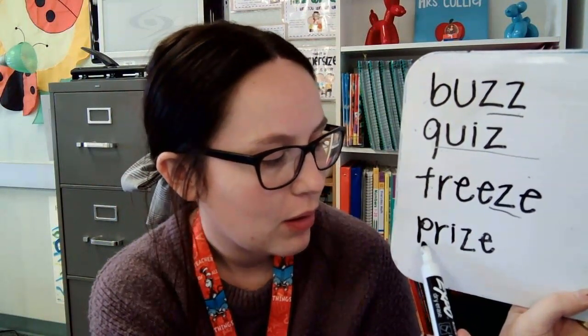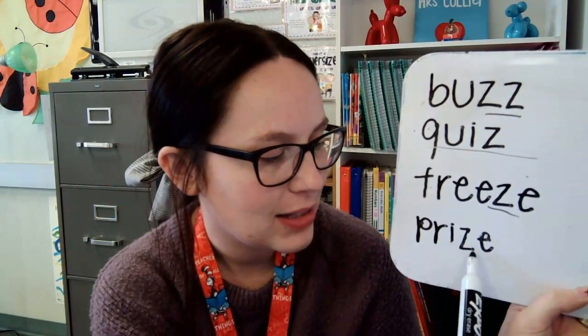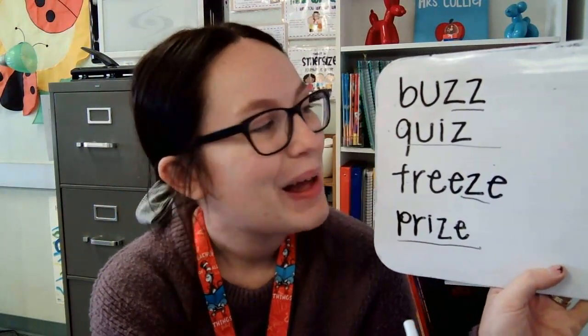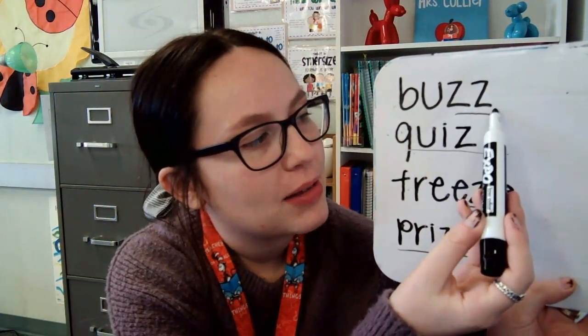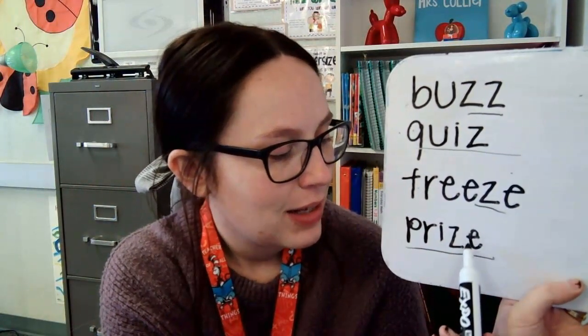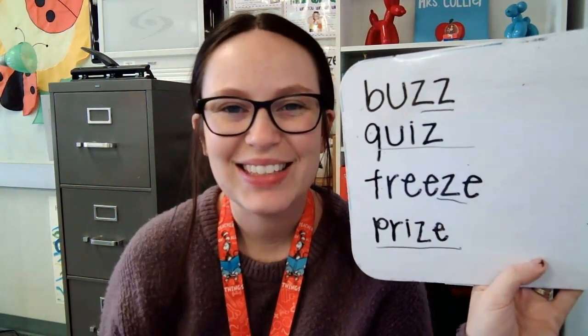And our last one, we have the word eyes. Eyes. All together, prize. Like I won a prize out of the claw machine. So we have buzz, quiz, freeze, prize. It's fun to do the z sound.